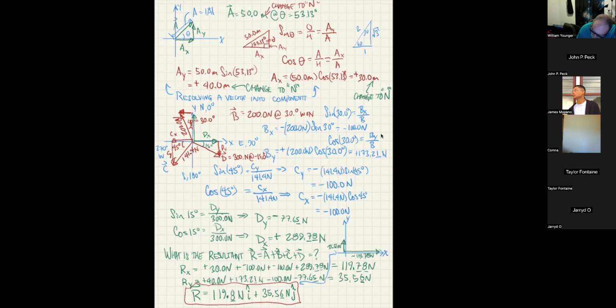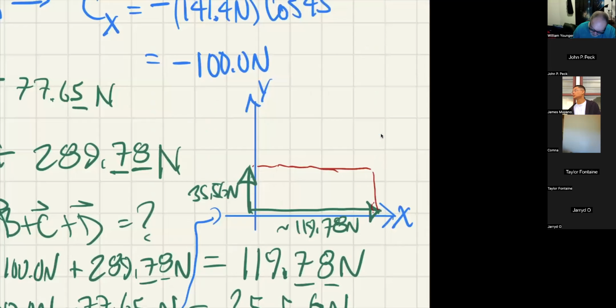35.56 newtons. Now, the way you add vectors when they're tail to tail is you complete the parallelogram. The way I tell my students to do it is I'll grab this 35.56 Newton vector, and let me make this a little neater for you guys.